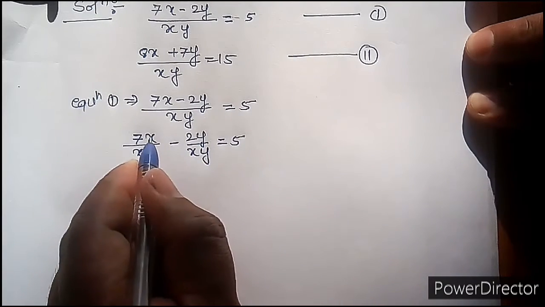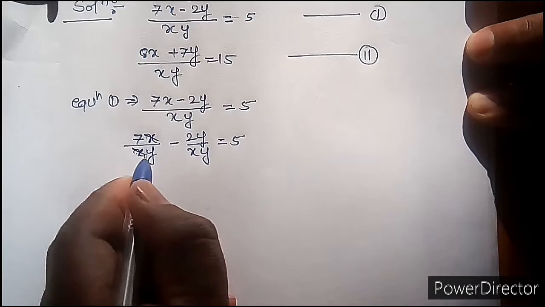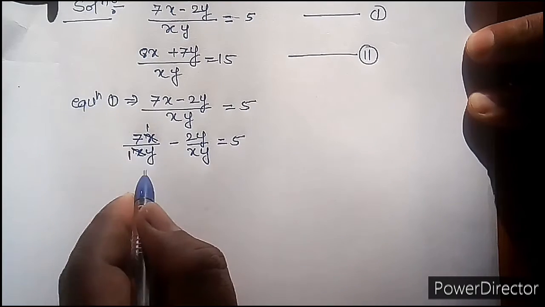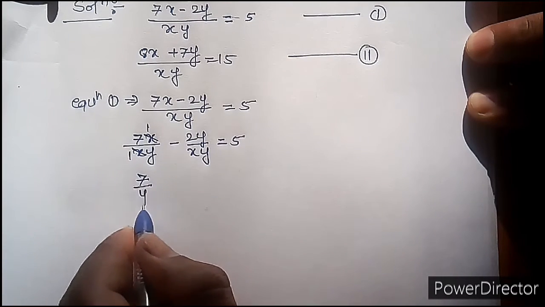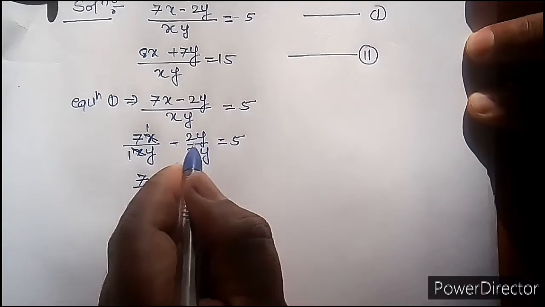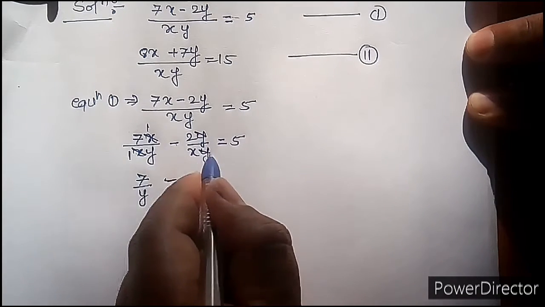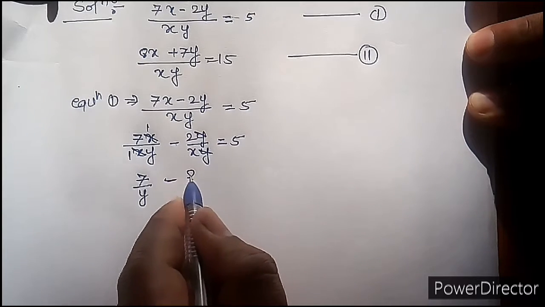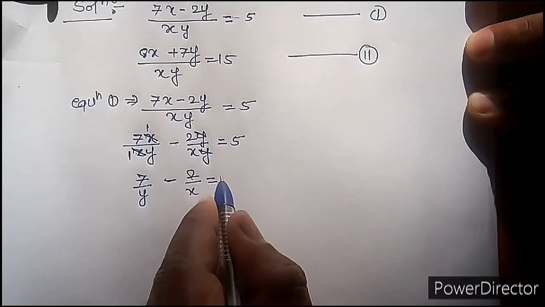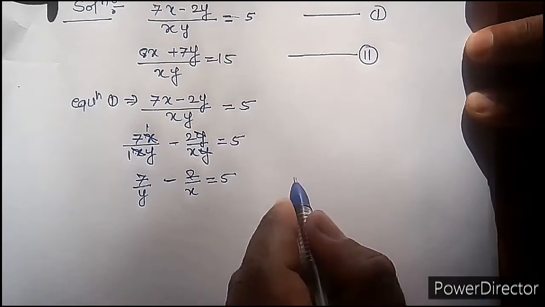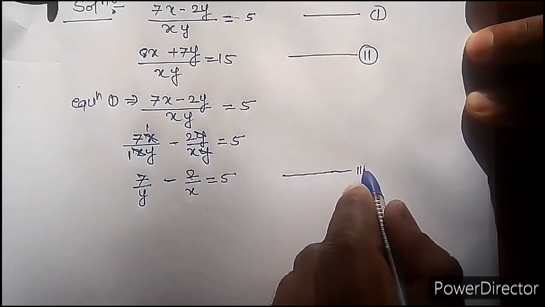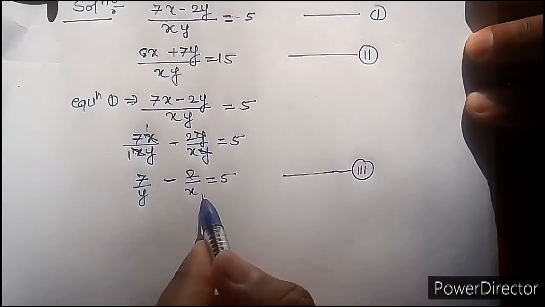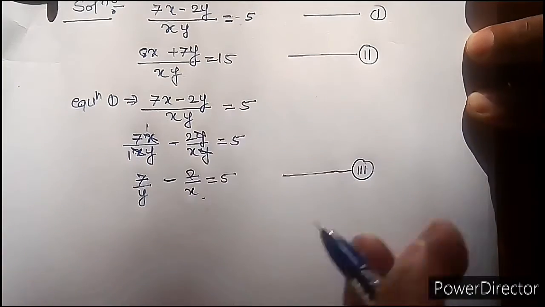Now x is in the denominator and numerator, that's why it will be cancelled, and here remains 7 by y. Now this minus as it is. Now y is in numerator and denominator, that's why this will also be cancelled, and we get 2 by x equals 5. This is equation number 3. We get equation number 3 from equation number 1.